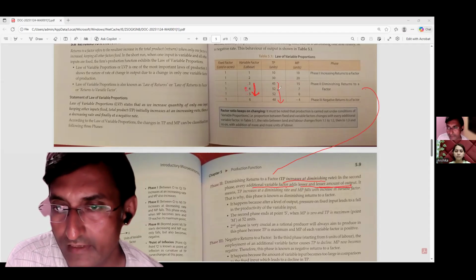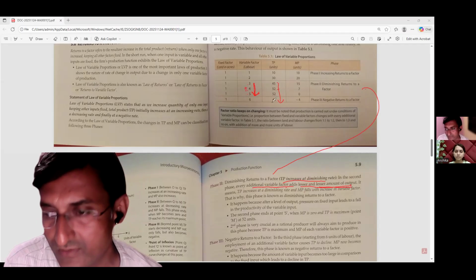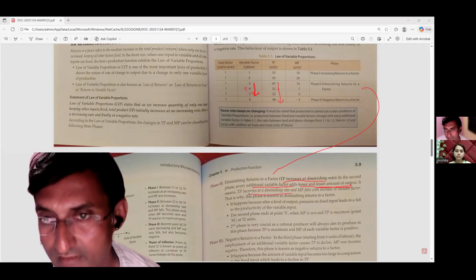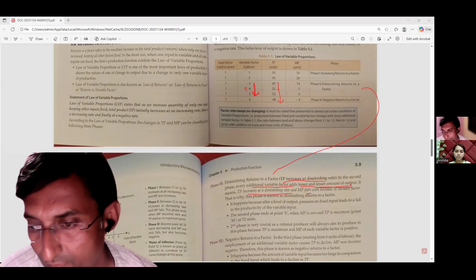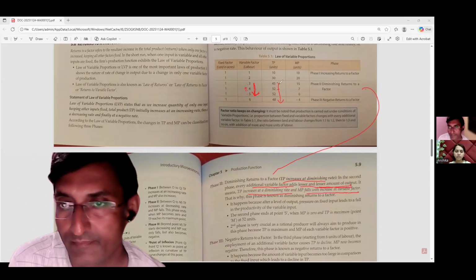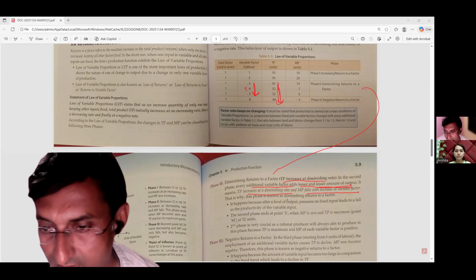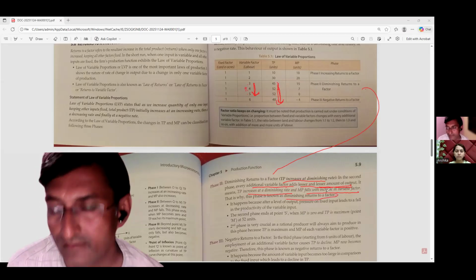After 45, it gives 52 only. It means TP increases at a diminishing rate and MP falls with the increasing variable factors. MP falls down, right?